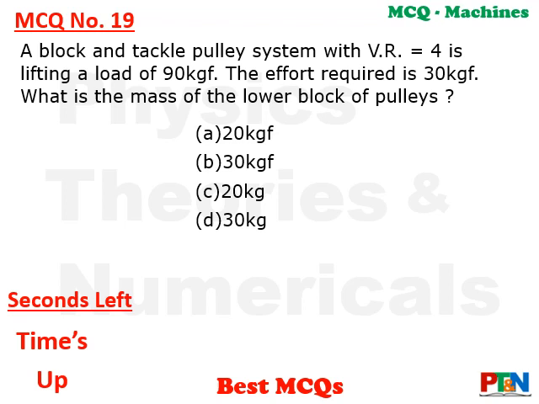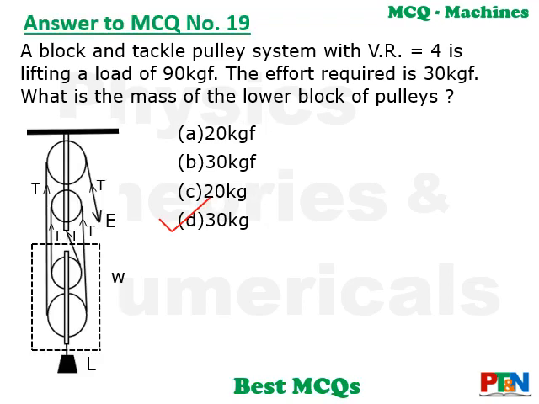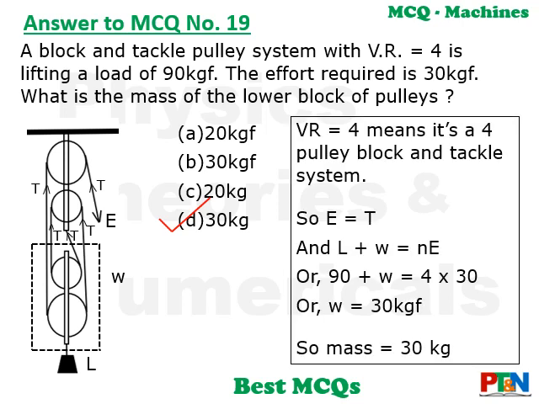Hope you got your answer. The answer is option D, that is 30 kg. Let's understand the calculation. It says VR is 4, that is it is a 4 pulley block and tackle system. So you look at the tension. There are 5 tensions shown here.